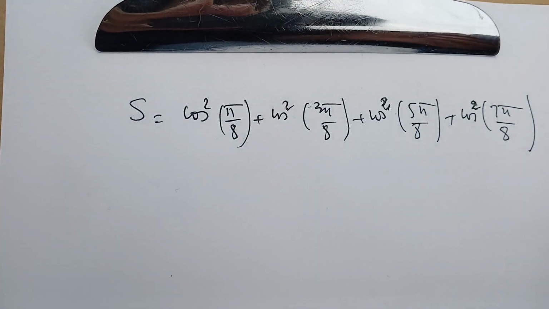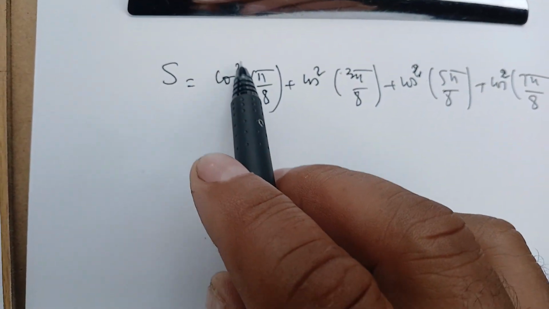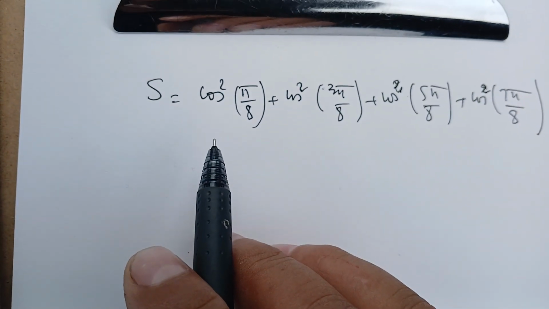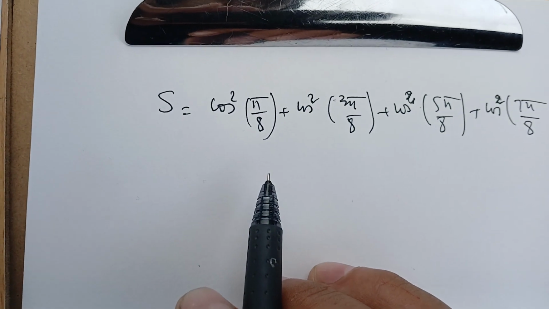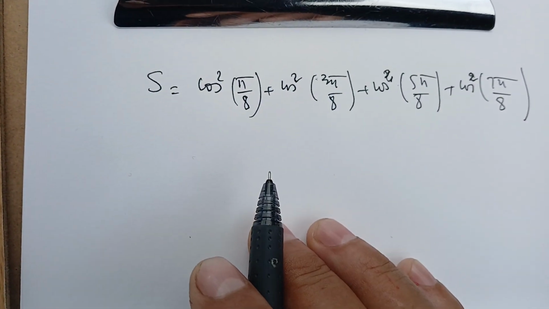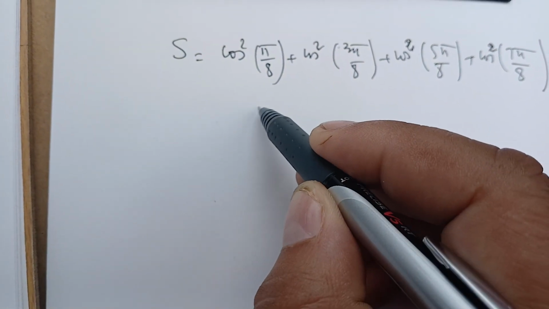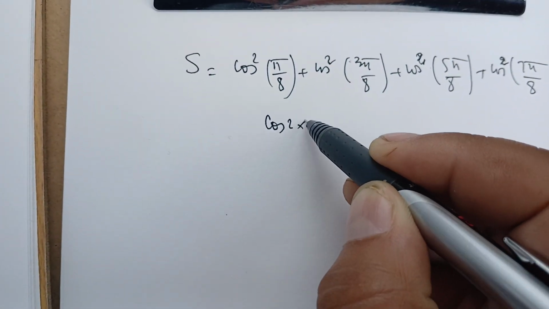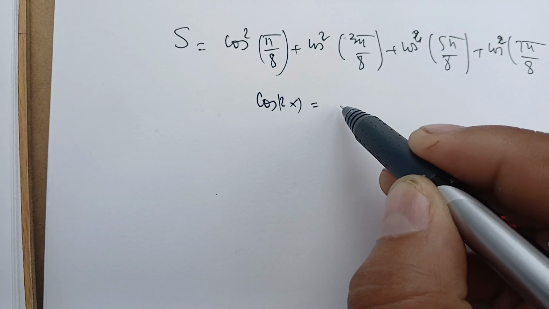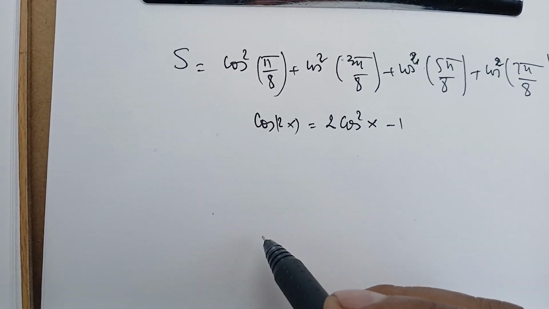The idea here is that we have to get rid of the squares. We have a formula for that, but there is a simpler formula for computing this result. In fact, we know that cosine 2x is equal to 2 cosine squared of x minus 1.